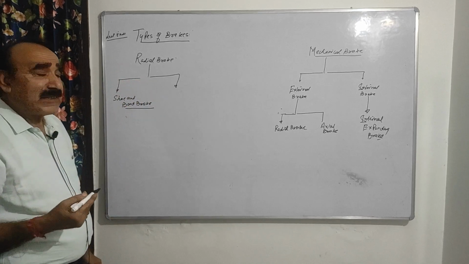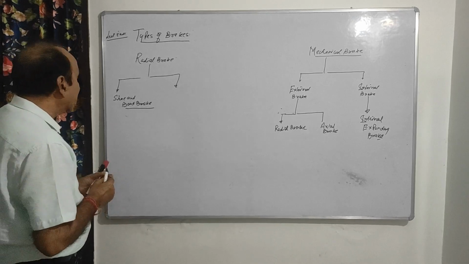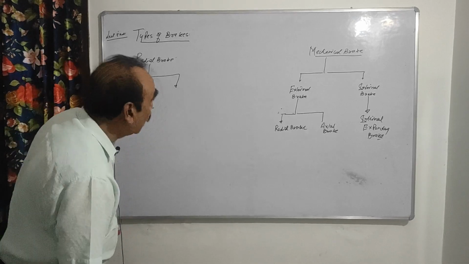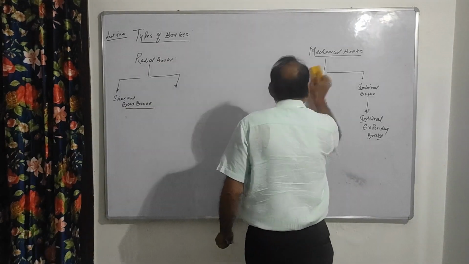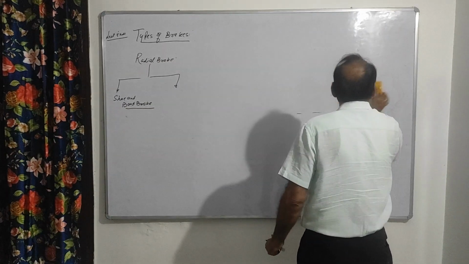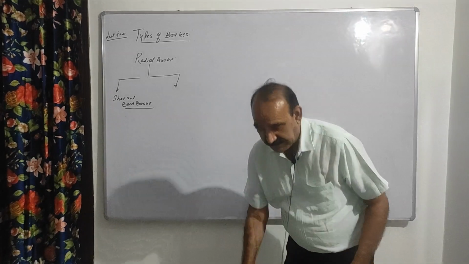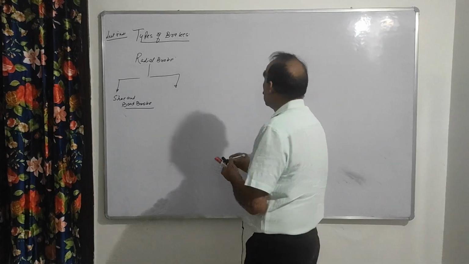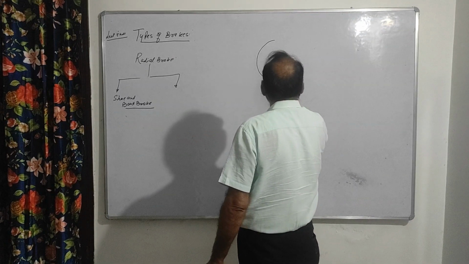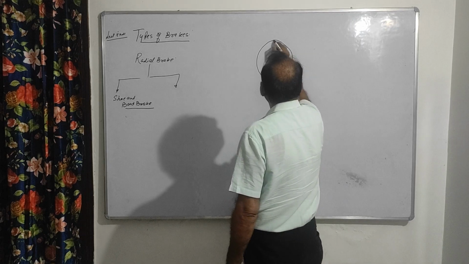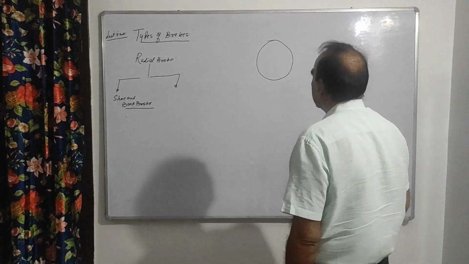you must understand why it is said to be radial brake. So in radial brake, what happens? In radial brake, this is your drum. You try to understand it. So this is your drum, right?